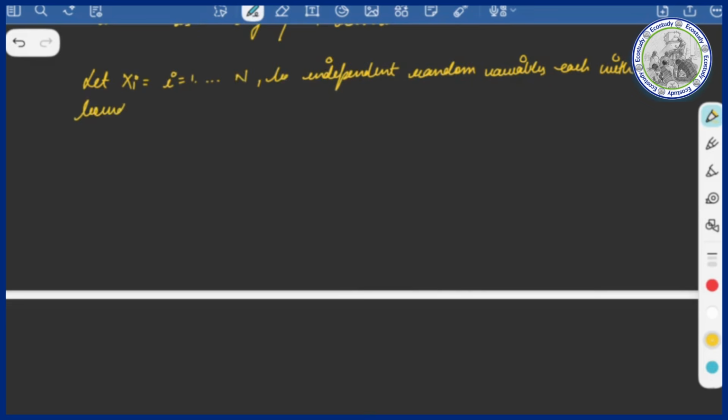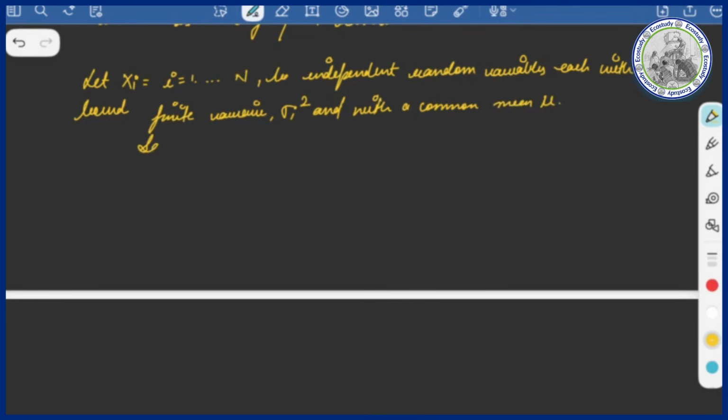Now let me give a small definition of the LLN. That is, let Xi, i equal to 1 dot dot dot n, be independent random variables, each with bounded finite variance sigma i square, and with a common mean mu.